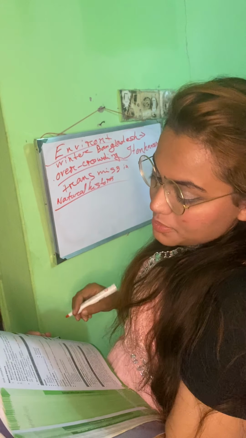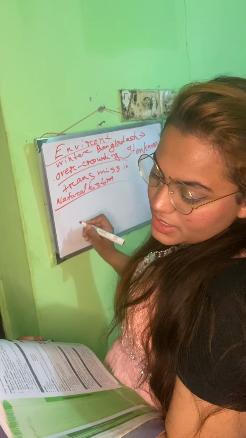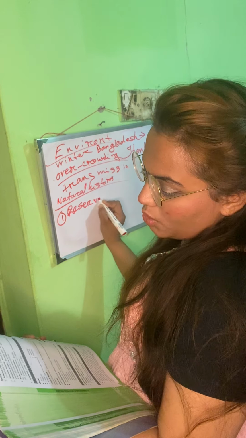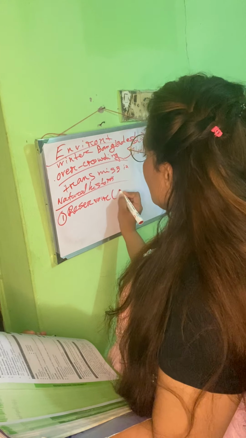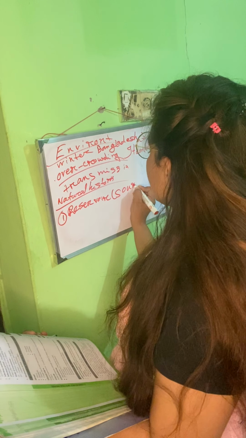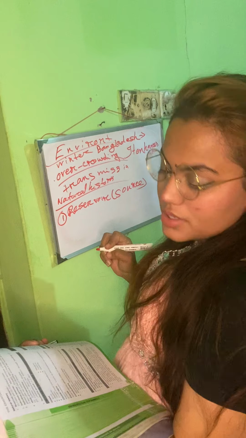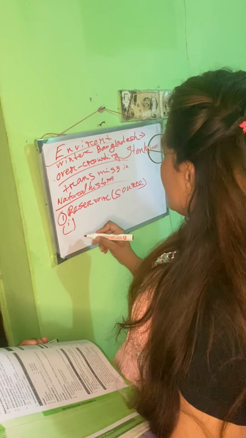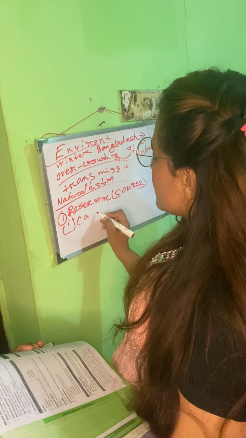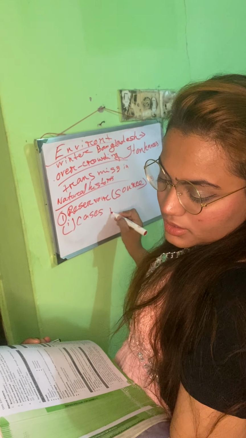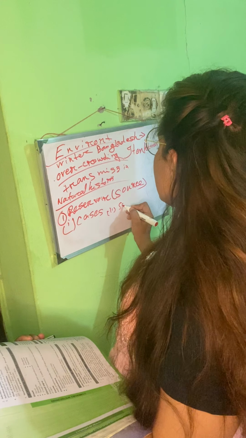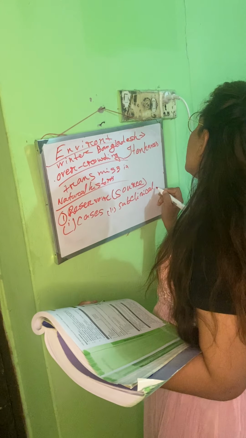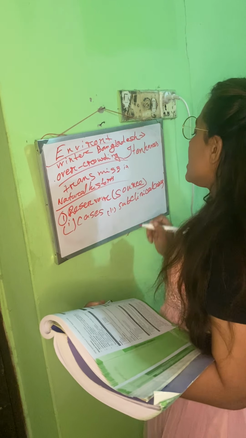There are 5 points. One says reservoir, which is called source. What's the source of reservoir? You have to understand 2 things in source: cases and subclinical cases. These 2 types you have to know.